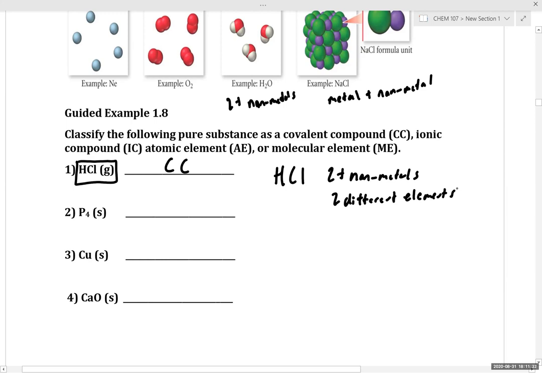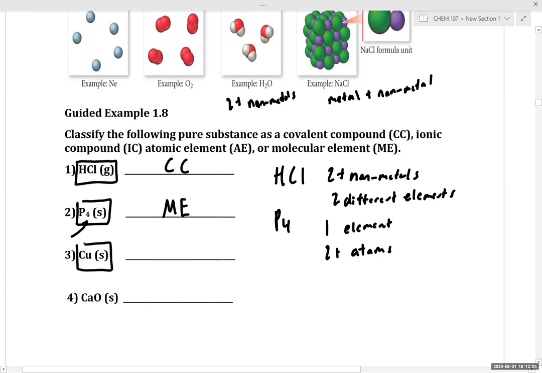Okay, perfect. Looking at P4, we just have one element in our formula. However, we have two or more atoms. So because we have a single element and two or more atoms in the formula, everyone sees that 4, correct? That means we're dealing with a molecular element.